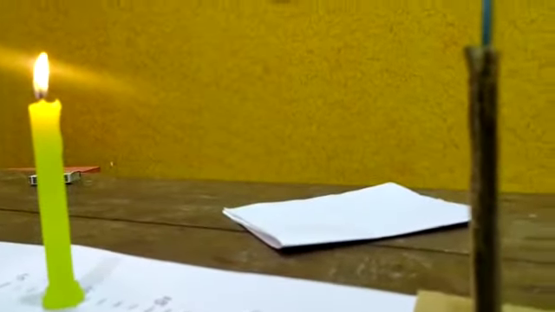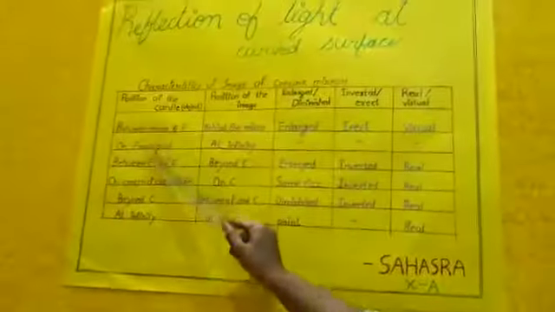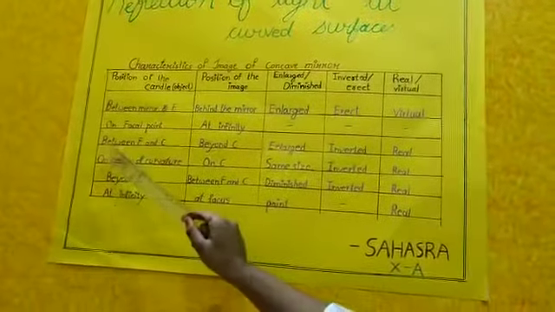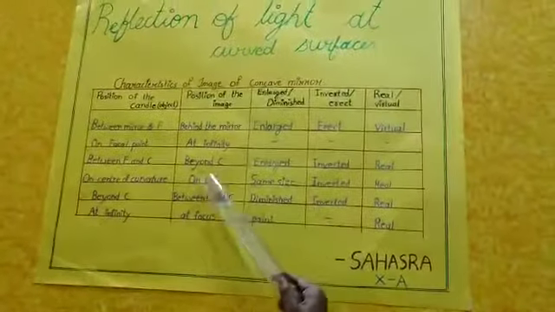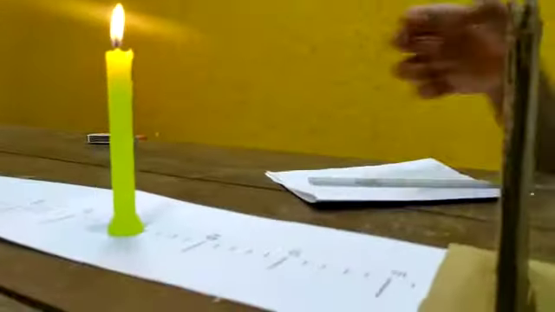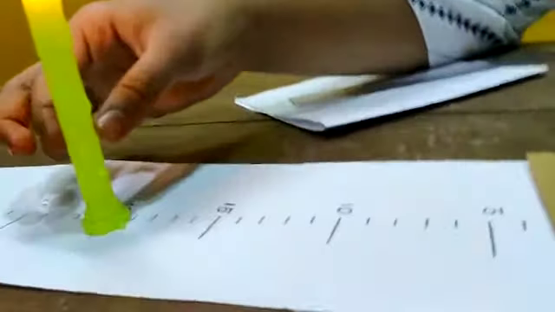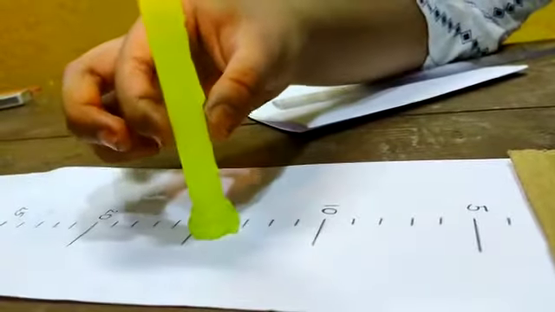And then next, the position of the object is between focal point and center of curvature. Then the position of the image will be beyond C. So I'll keep the candle between focal point and the center of curvature, that is at 15.